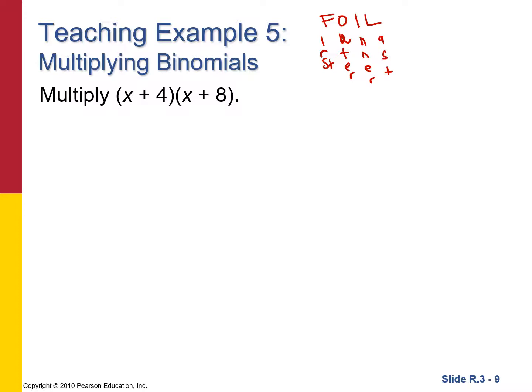Okay? And so that makes sure that, so what happens is like, oh, you only multiply this and this. No, you have to multiply those two, then you have to multiply this term times this term and this term times that term. Okay, and so the first, this one right here, this to here is called first.